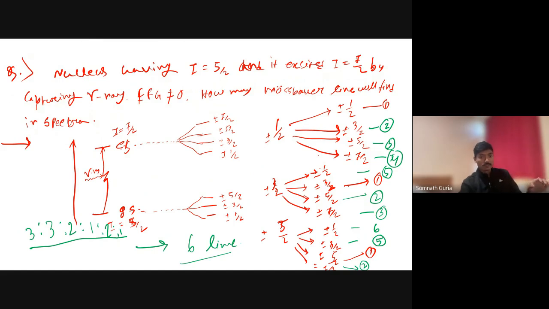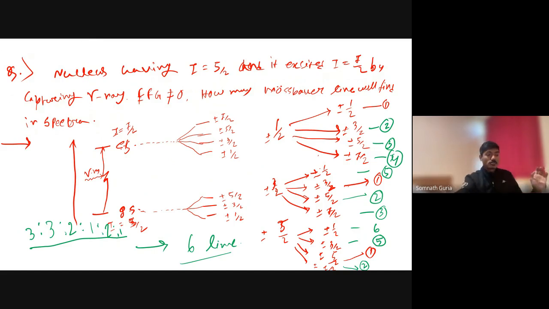If EFG is not equal to 0 for that particular nucleus, and the nuclear spin value I is 5 by 2 or 7 by 2 depending on whatever transition you are looking for. If it is I equals 3 by 2 to transition 3 by 2 to 5 by 2, then you will have it. Similarly you can calculate by yourself.